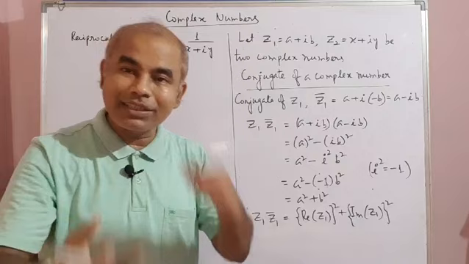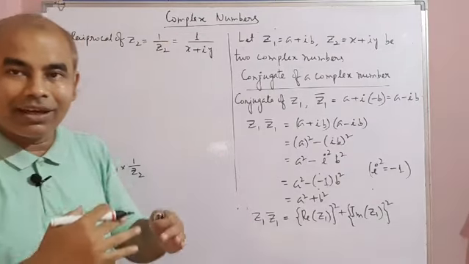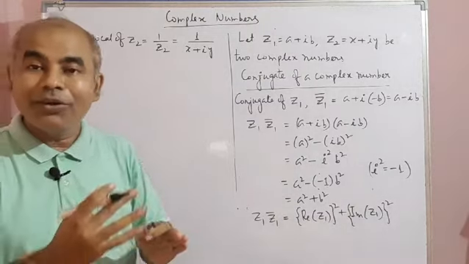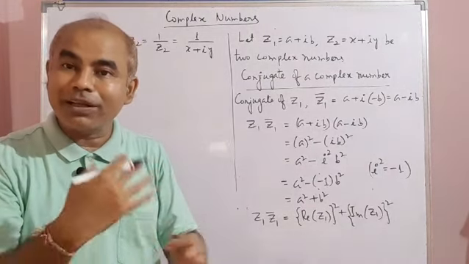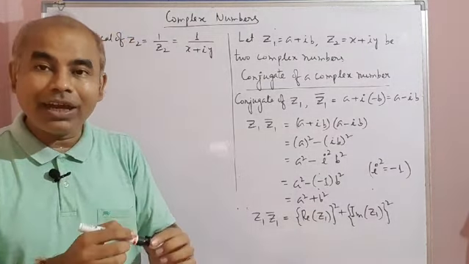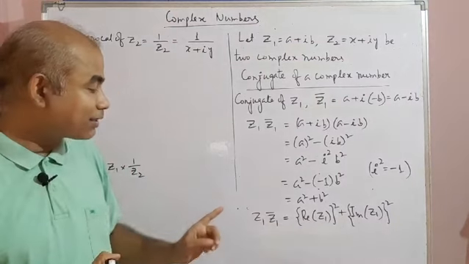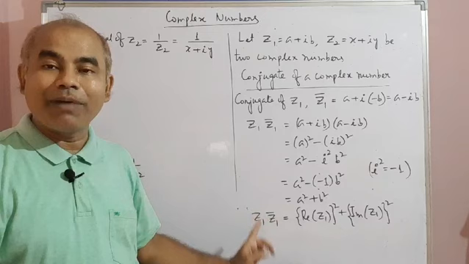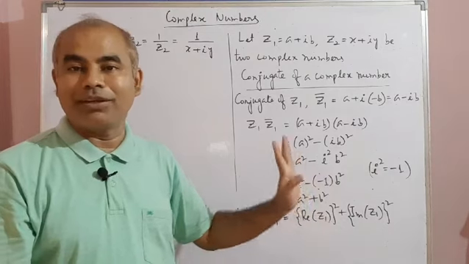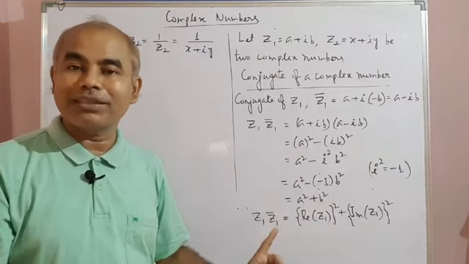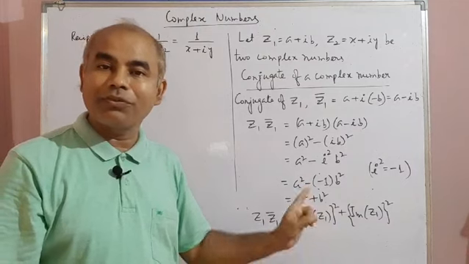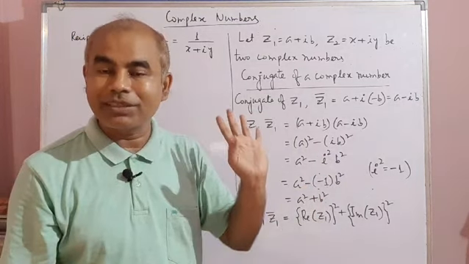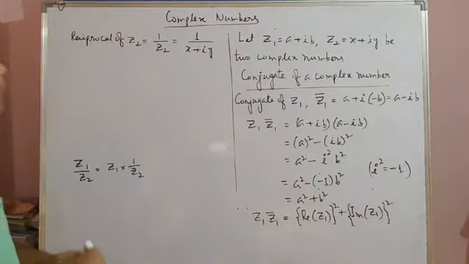Similarly, here we cannot have a complex number in the denominator, we need to convert it to a real number. And how can I convert a complex number to a purely real number? The simple technique is to multiply it by its conjugate, because when you multiply a complex number by its conjugate, the answer is the square of the real part plus the square of the imaginary part of that complex number. So it is a purely real number. So we are going to do that.